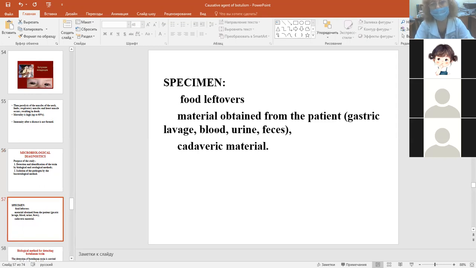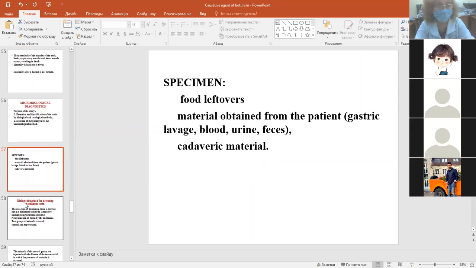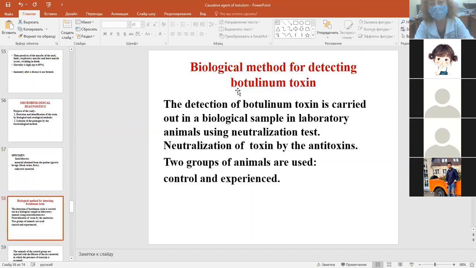Specimens are food leftovers, the rest of the food if there is any, and material obtained from the patient. If patients have no vomiting, sometimes it is necessary to wash the stomach, gastric lavage; also blood, urine, feces, and maybe the rest of the food, as I told you.